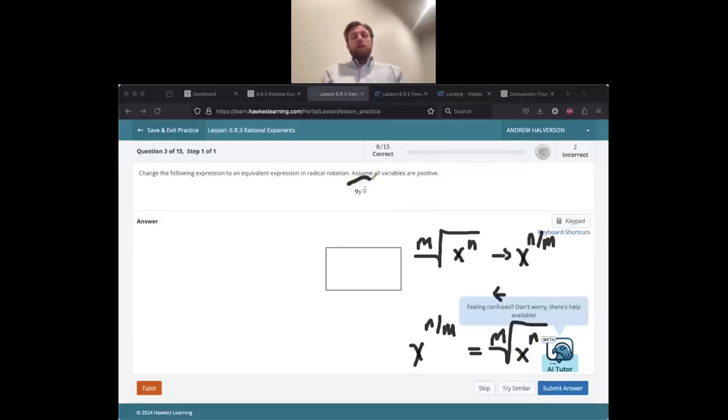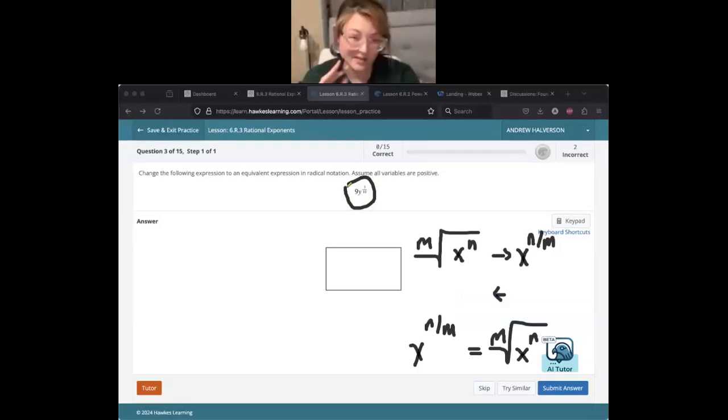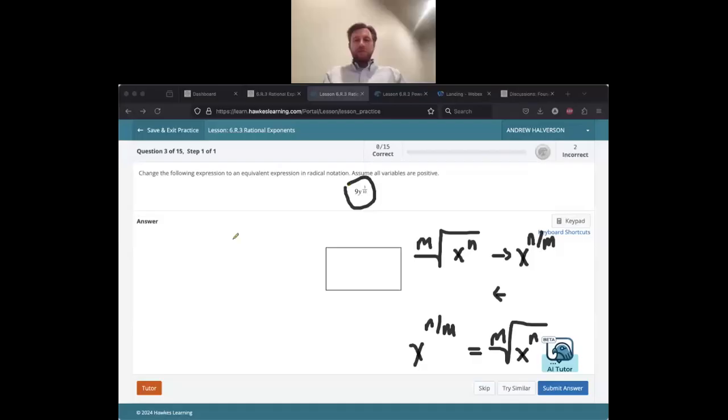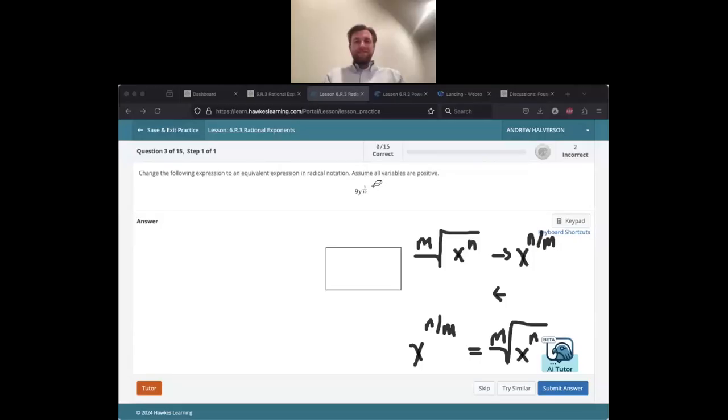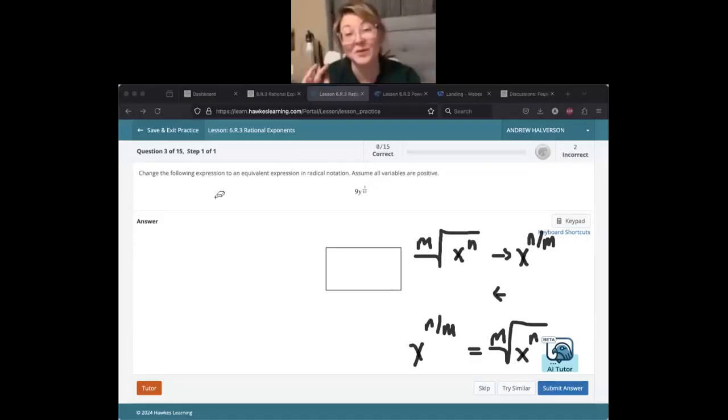So, in this expression here, before we go forward, what is being raised to the 3/10 power? The 9y? The y for sure, but what about the 9? There's nothing jamming the 9 with the y together.